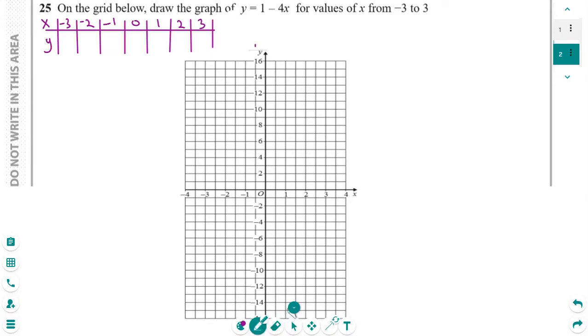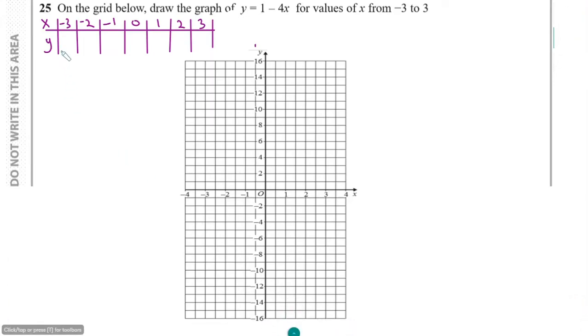So now I'm going to fill in the corresponding values for y. When x is -3, y is going to be 1 minus 4 times -3, and that's going to give me 13. When x is -2, y becomes 1 minus 4 times -2, which gives you 9.